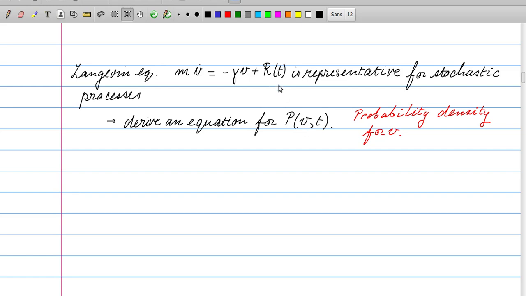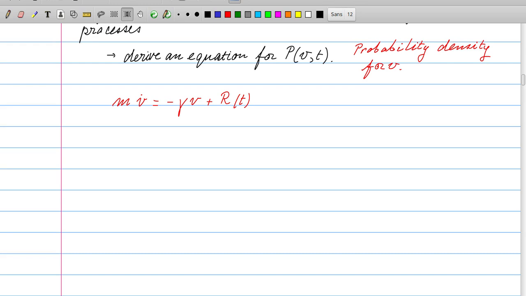Well, if we look at the Langevin equation, what it tells us is how the v at some time t plus delta t is related to v(t). So it enables us to go from a velocity at time t to a velocity at time t plus delta t.